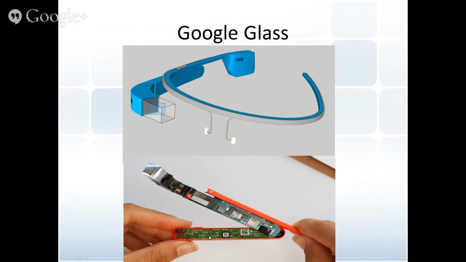Also, there is some small memory for storage, probably right in this place, this one, or this one's the CPU. The memory stores the OS. This is basically about Google Glass.